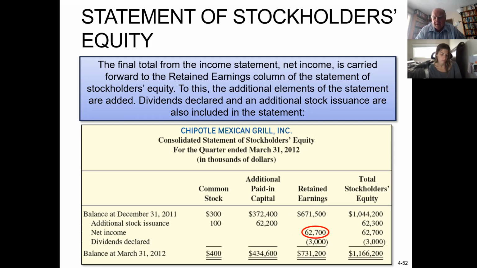And by debiting retained earnings, they have reduced their capital. So our beginning capital in total was $1,044,000. They issued some stock. They had some nice income, and they were generous enough to give out $3 million in dividends. That is your equity statement.